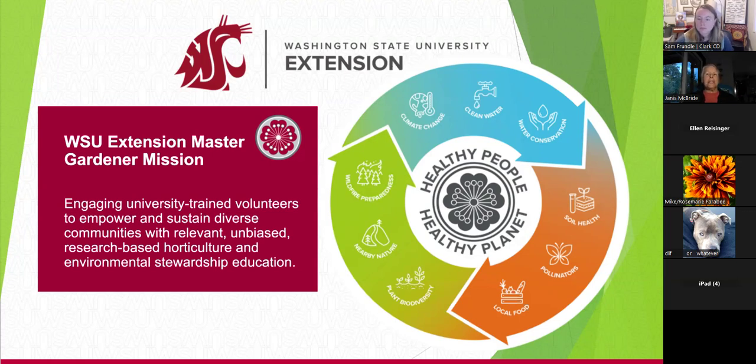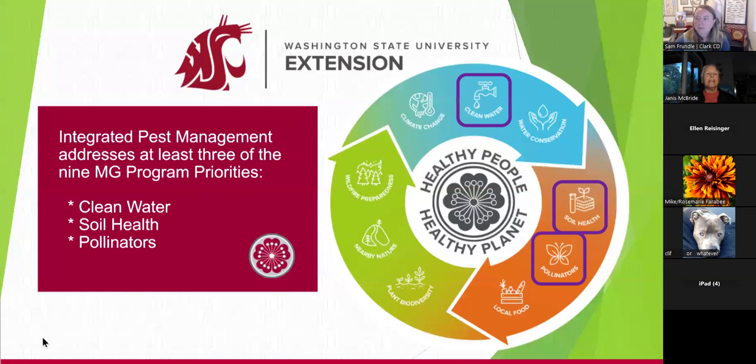So of these 9 program priorities, what we're learning about tonight includes things that have to do with clean water. So, integrated pest management has to do with clean water, soil health, and pollinators. So, of our 9 program priorities, we're covering 3 just by listening to this presentation.